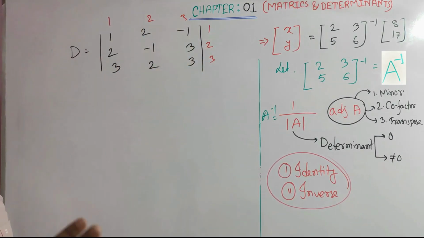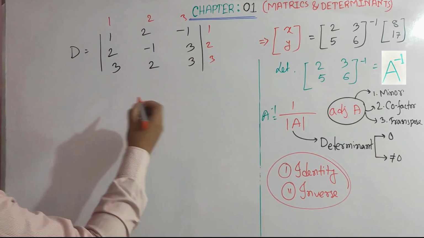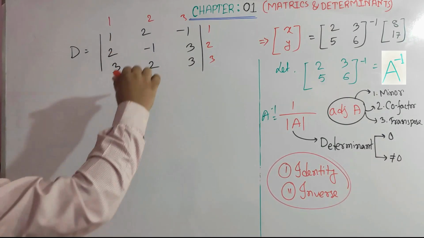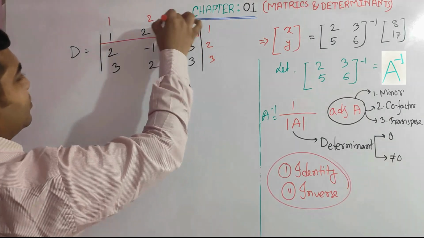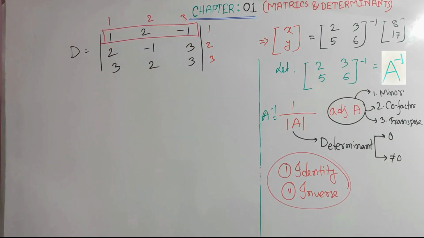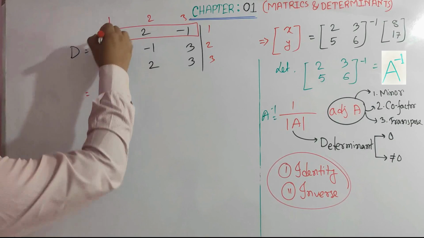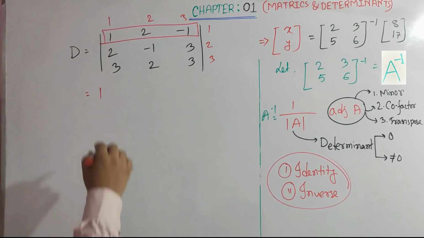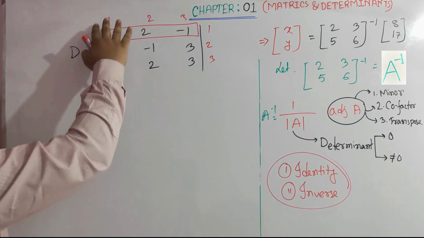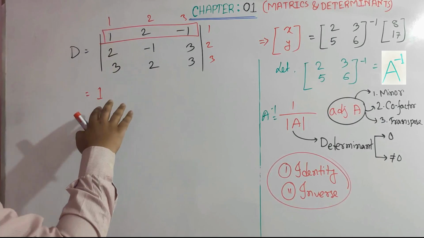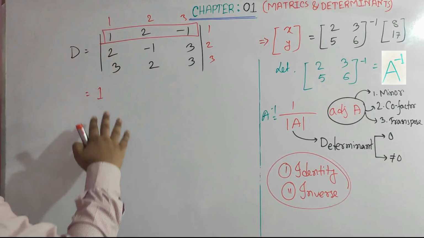I will try to find at least 2 here, and the rest of the 4 you will try, it is your homework. First of all, we are trying to find the value of it by taking the first row. What is our standard method? When we take 1, then you have to think of the cofactor of 1.